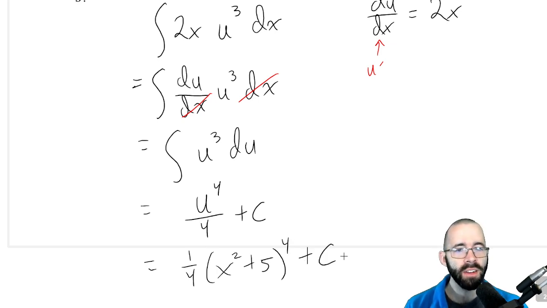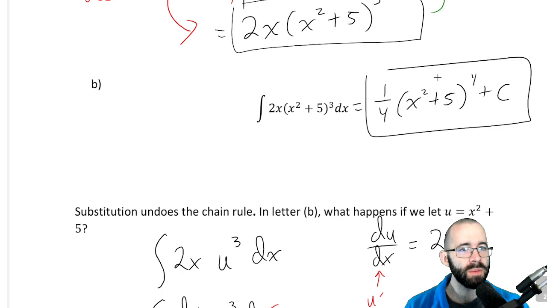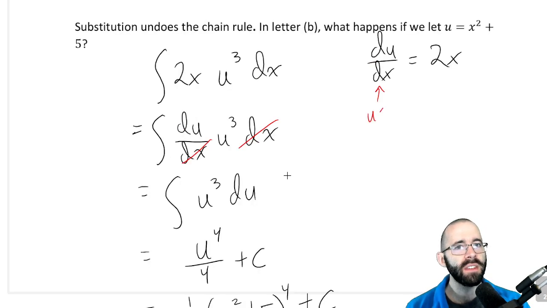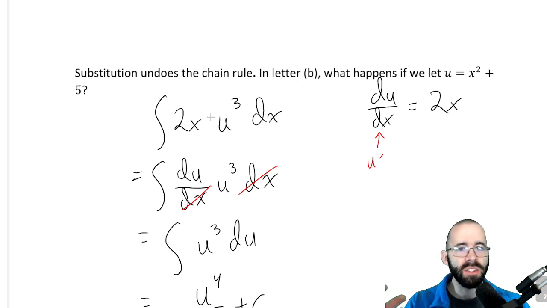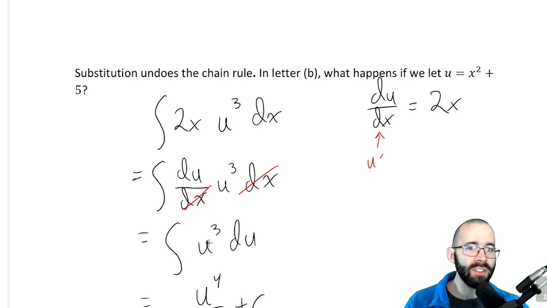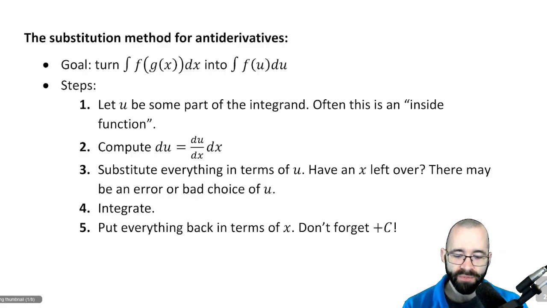And lo and behold, you've done your first substitution. We figured out how we could evaluate this antiderivative if we didn't already know it. It's just a chain rule, but backwards. We substitute an inside function, look at a derivative, get everything in terms of u, and integrate.